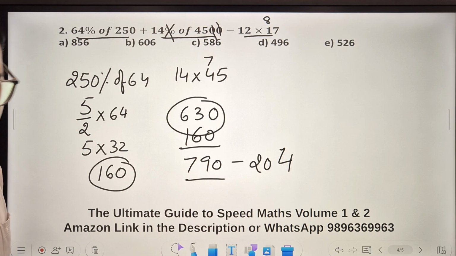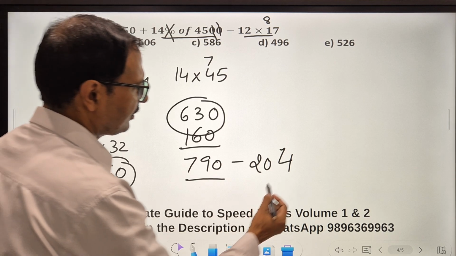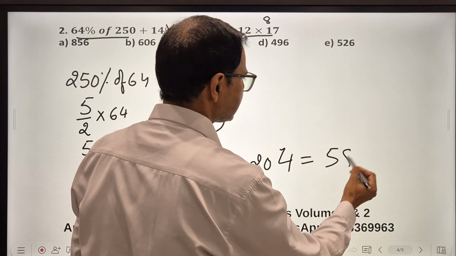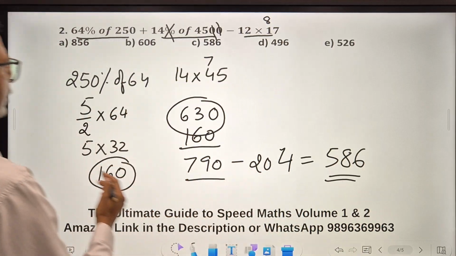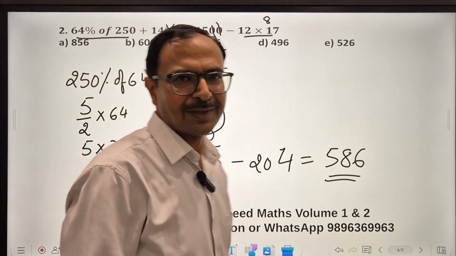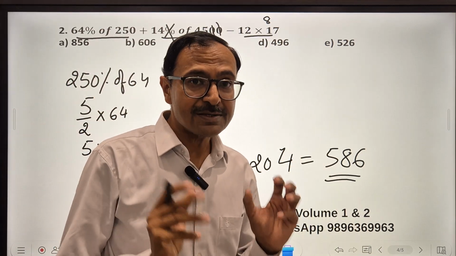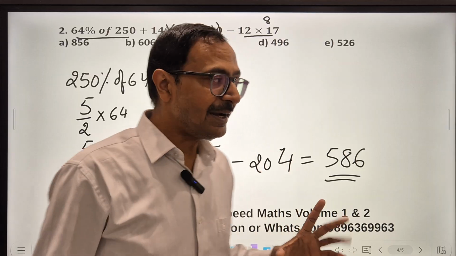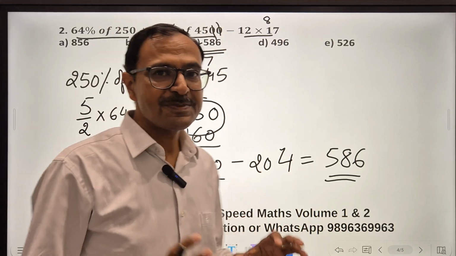So 790 minus 204 is going to give me my answer, which is 586. And where is the correct answer? 586, A, B, C. Here we have the correct option. See, the speed is slowly increasing now. And this is the beauty of speed maths.